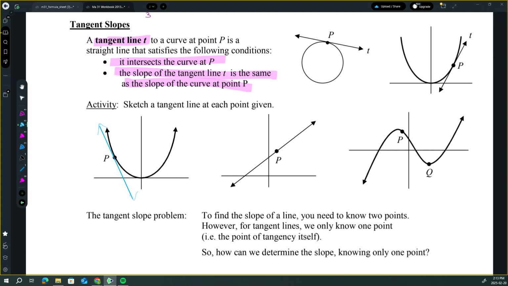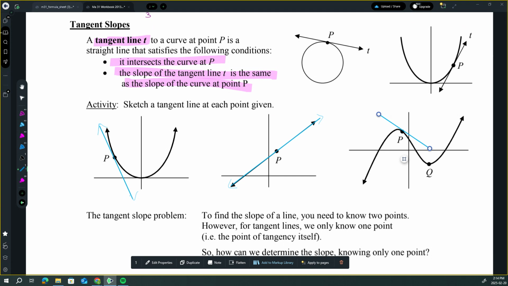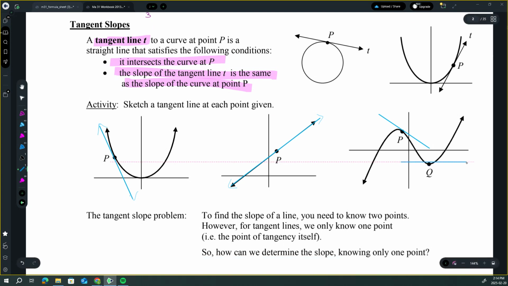Now with the middle one, since point P is right on that line, our tangent line is going to be right over the line that's being talked about. Okay. And then with this last one, they're meaning point Q, draw a tangent line at point Q. So I'm going to have to adjust this one here.